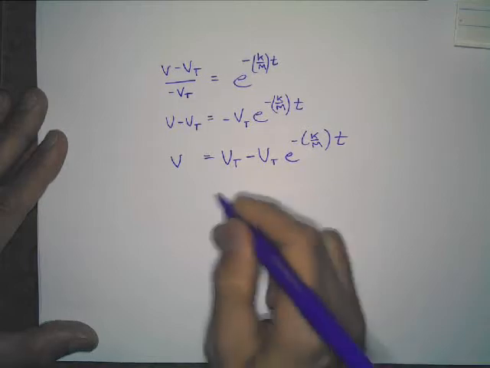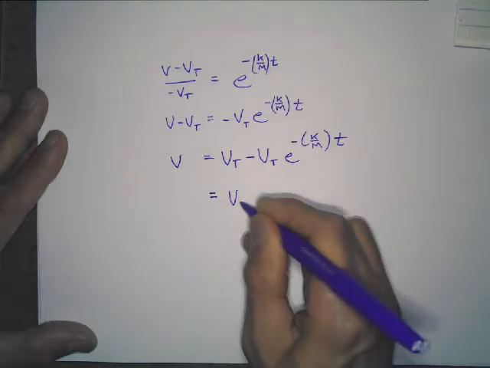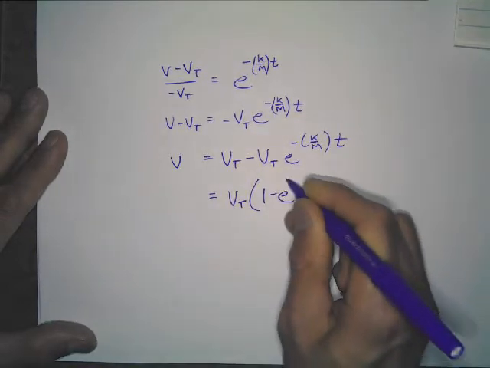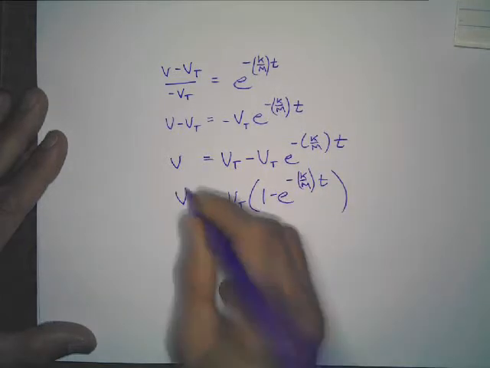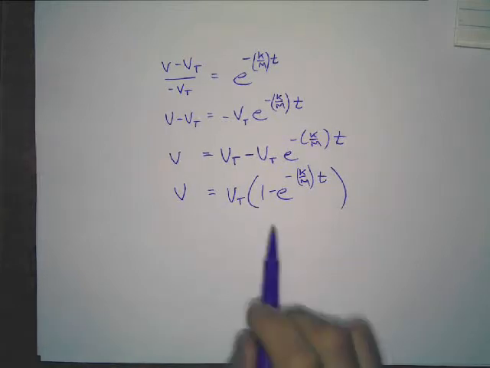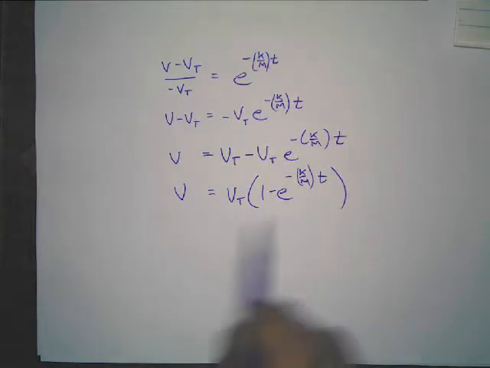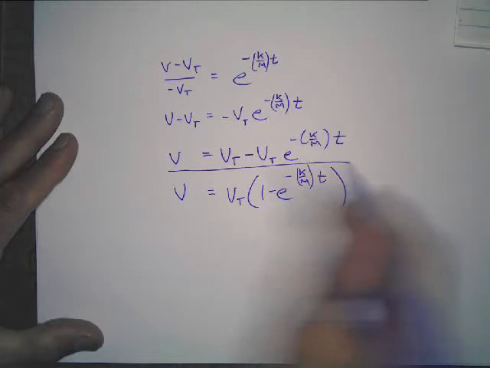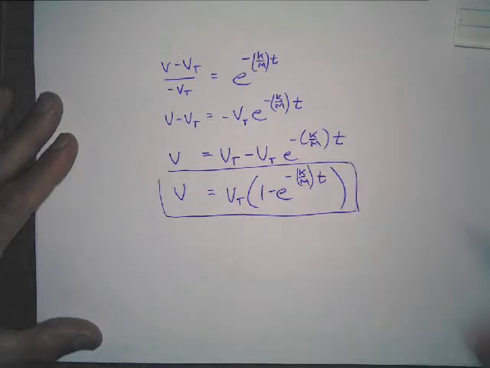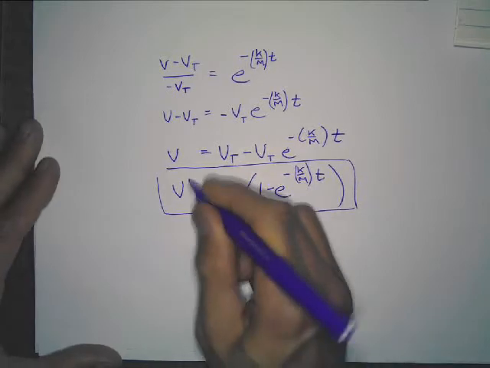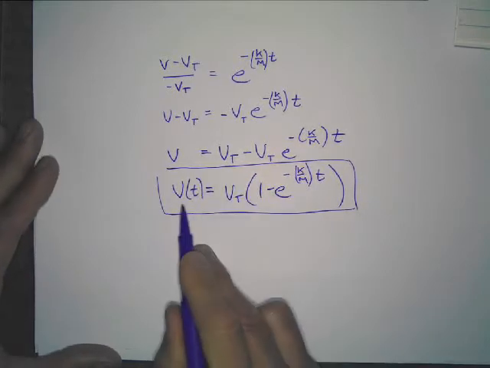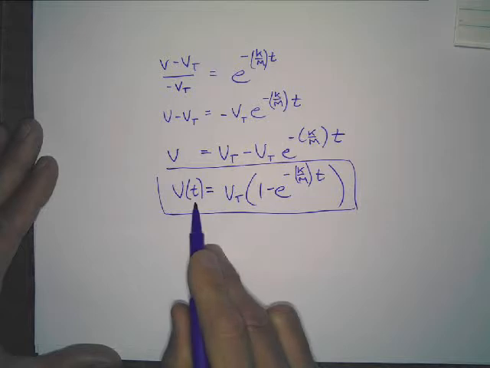And we're almost done. The last step here would be to factor out terminal velocity. And that gives me this expression. That expression is in fact what I was trying to get. I have now a function for the velocity with respect to time.